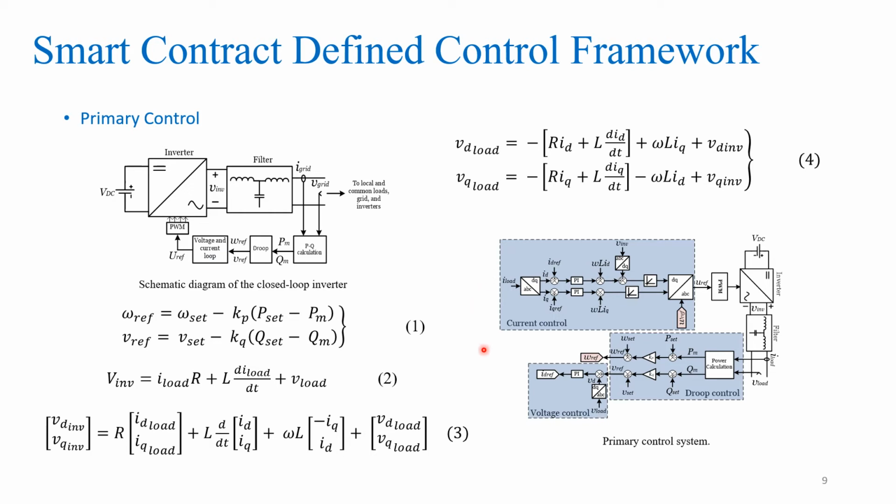The overall control structure is mainly shown in these pictures. Here we have the droop control structure that is connected to the voltage control loop first, and then we go through a current loop control to finally generate the reference signal for the PWM generator to finally control these inverters.